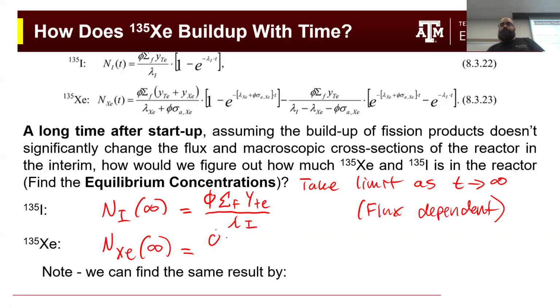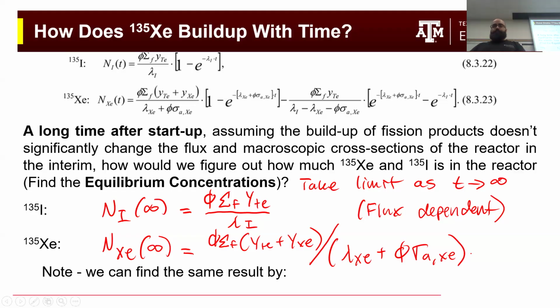So it's going to look like phi times my fission cross-section times the yield of tellurium plus the yield of xenon. And then that's all divided by the quantity: the decay constant for xenon plus the flux times the microscopic absorption cross-section of xenon. So that would be how much xenon gets produced. And notice that the equilibrium of xenon also depends on the flux. So this is also flux dependent.